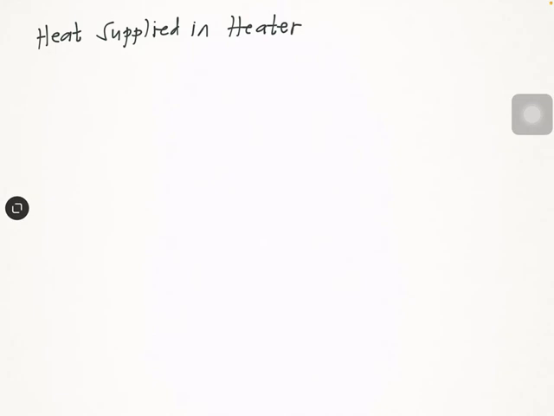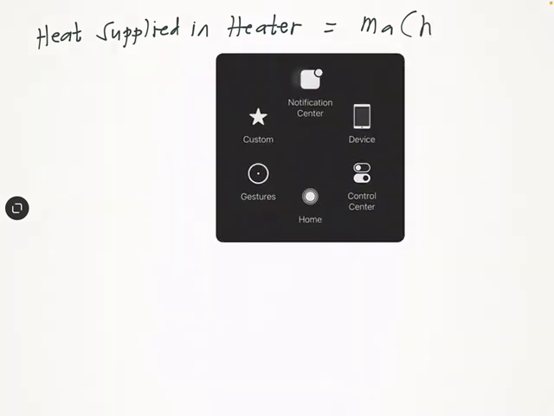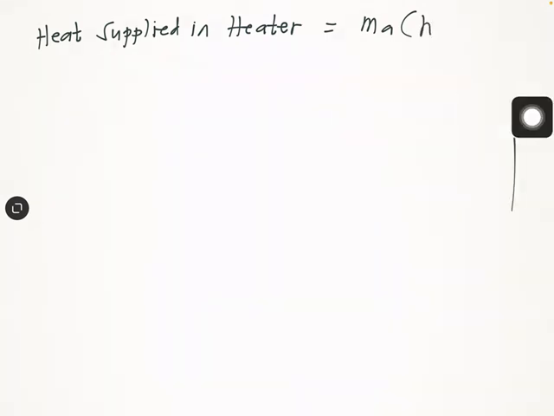You have MA times enthalpy 2 minus enthalpy 1. This is in terms of kilowatts. And lastly we have the efficiency of the dryer.